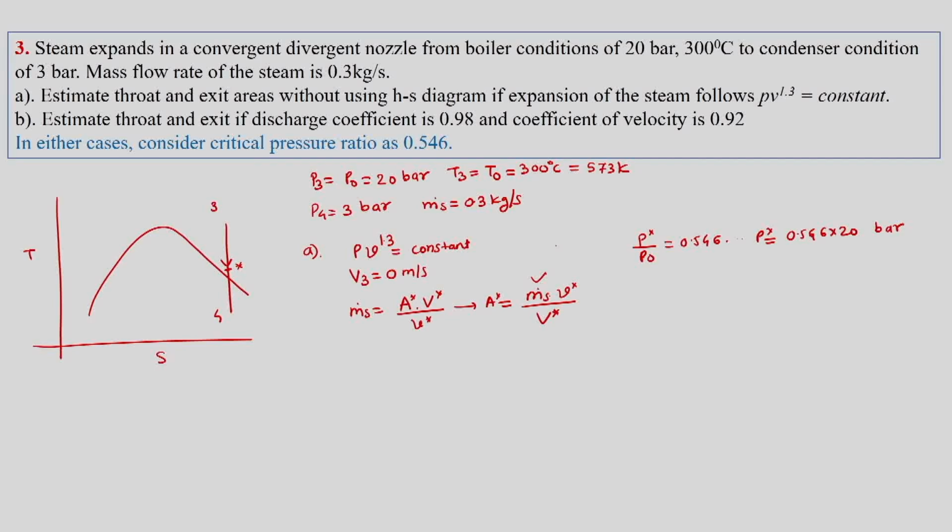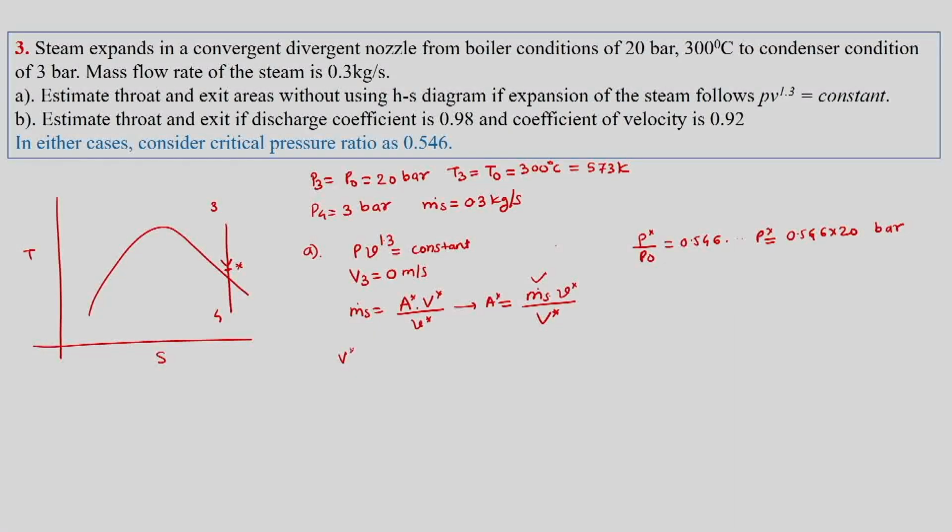So before that, without taking the enthalpy directly from the Mollier chart, we can find the velocity using this formula: V star square by 2 is equal to K upon K minus 1 into P naught V naught minus P star V star.